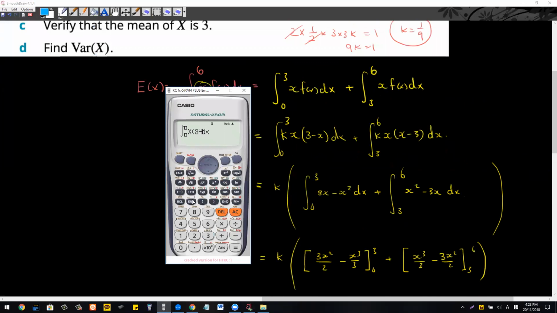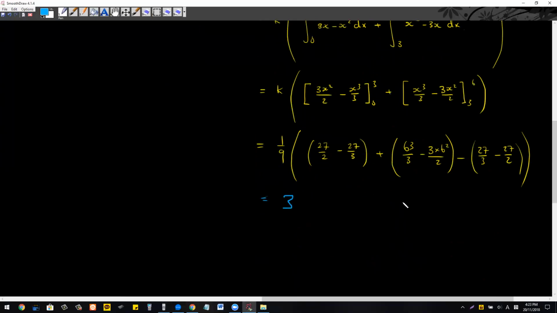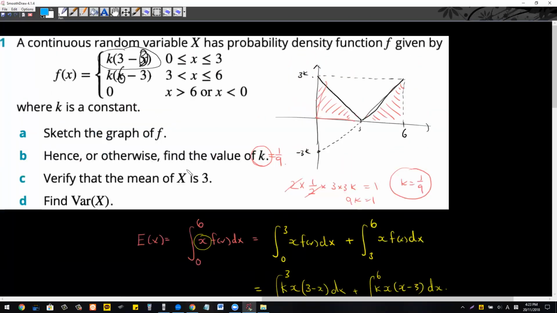If you are allowed to use a graphics calculator, yes, we are, you can just skip all these steps. 0 to 3, plus integral just x bracket x minus 3 bracket, and then from 3 to 6. I just do it without k. Once you do that, you get 27, times that by 1 on 9, which is divided by 9. This whole thing will be just 3. Okay? Yeah, so the average is 3.